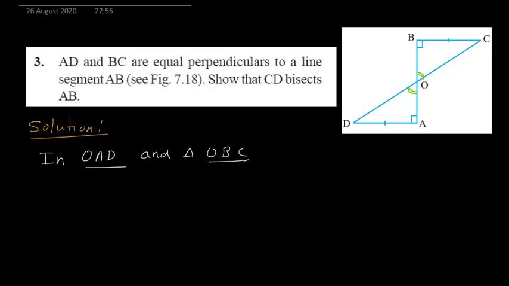Now in these two triangles, you have angle AOD equal to angle BOC. What is the reason? They are vertically opposite angles.